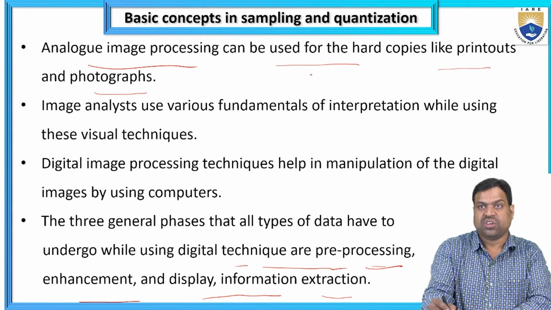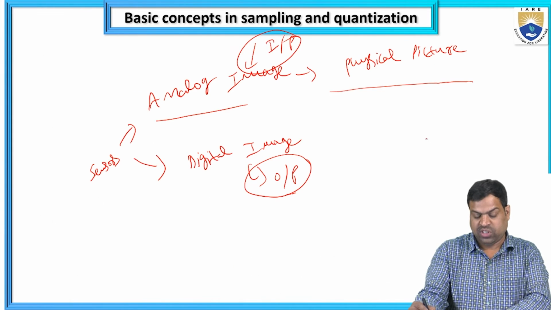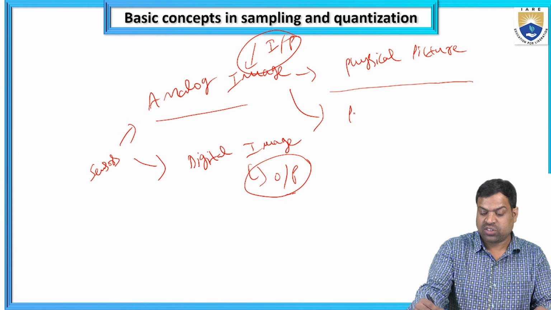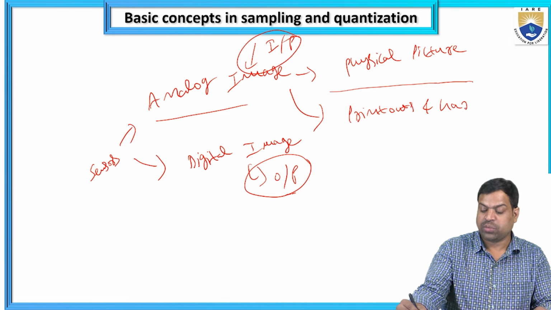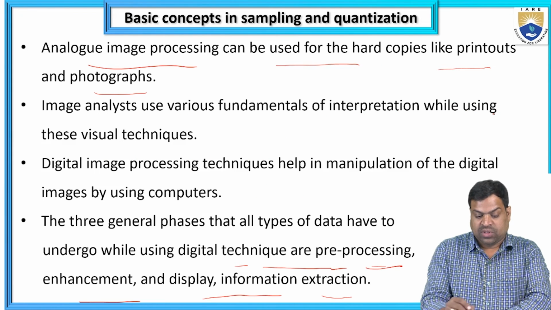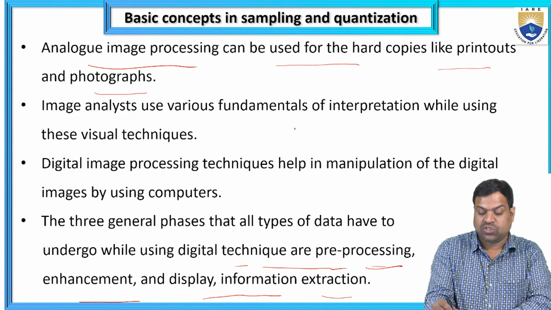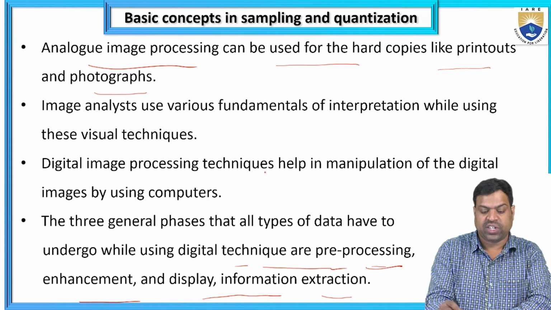Analog image processing can be used for hard copies like printouts and photographs. So these are analog, printouts and hard copies. Image analysis uses various fundamentals of interpretation while using these visual techniques.